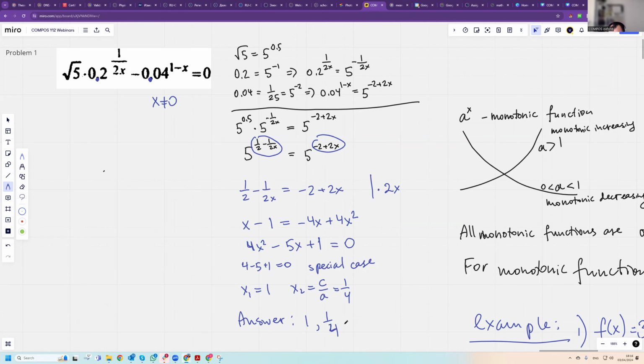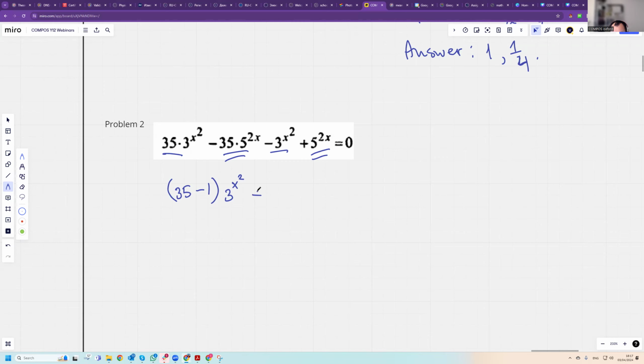So we got 35 minus 1, 3x squared, plus minus 35 plus 1, 5 to the power 2x equals 0.